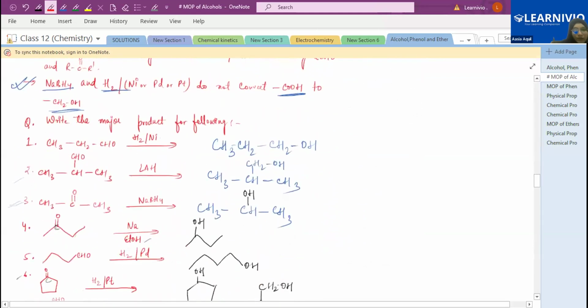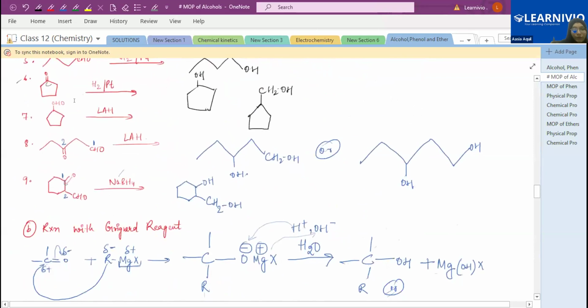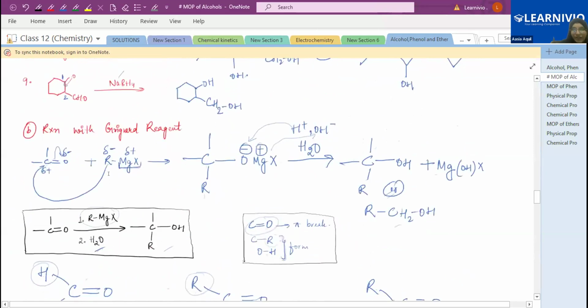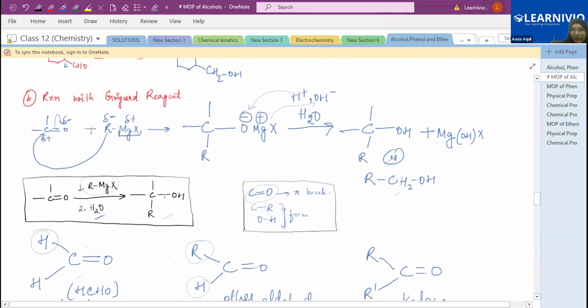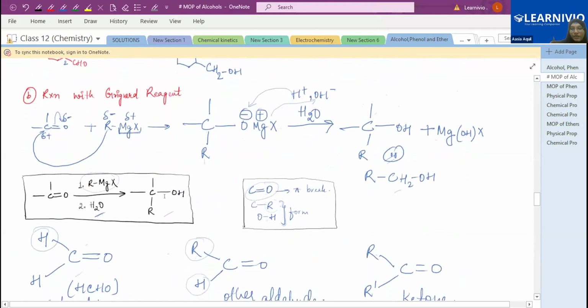Okay, next, from Grignard reagent. Reaction with the Grignard reagent is again very important. So in the Grignard reagent, what you're supposed to remember: in normal cases, suppose this is an alkyl group and OH group, or suppose this is an R group and halogen group.